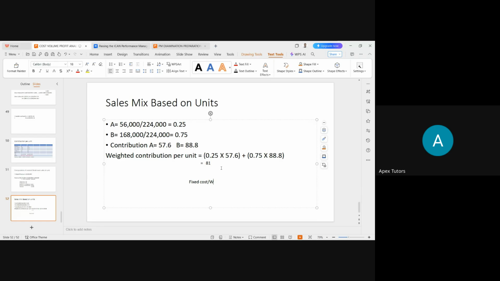The fixed cost, as computed, is 11,016,000, and the weighted contribution based on units is 81. So the break-even is what?